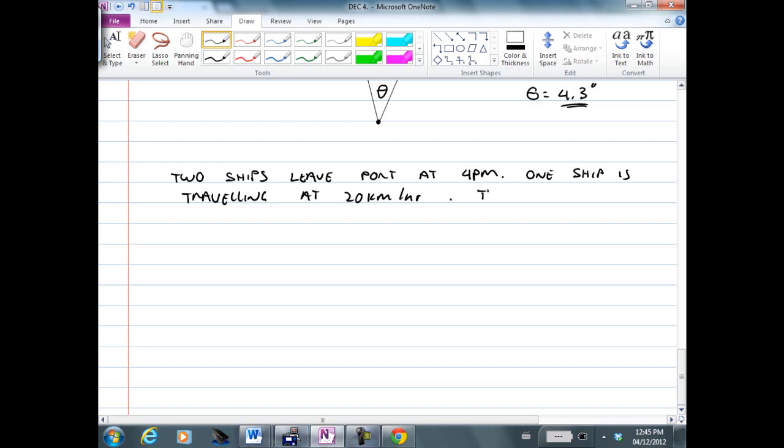The other ship is 15 kilometers per hour.